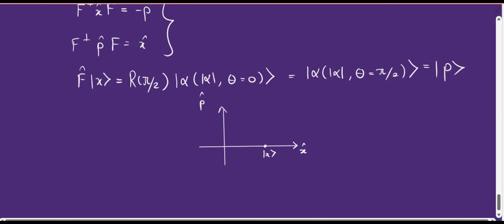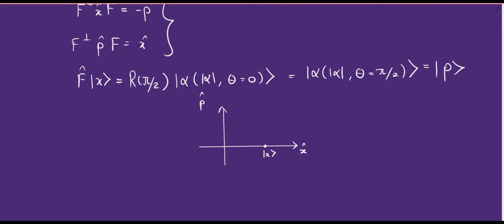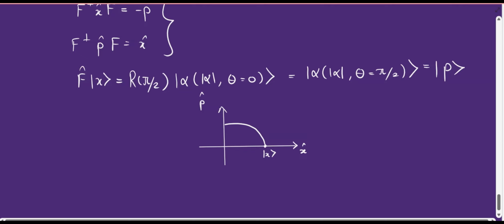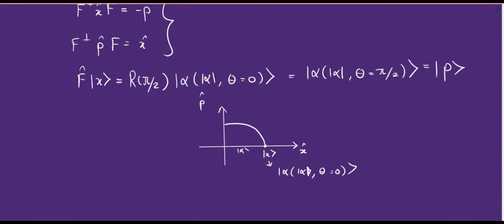Any ket which lies on the x-axis of the quantum phase space is a position ket. Now I act by a rotation of pi by 2. What it does is that it takes this from here to here. This is nothing but a special coherent state where alpha is some mod of alpha and theta is equal to 0. This takes it by an angle pi by 2.